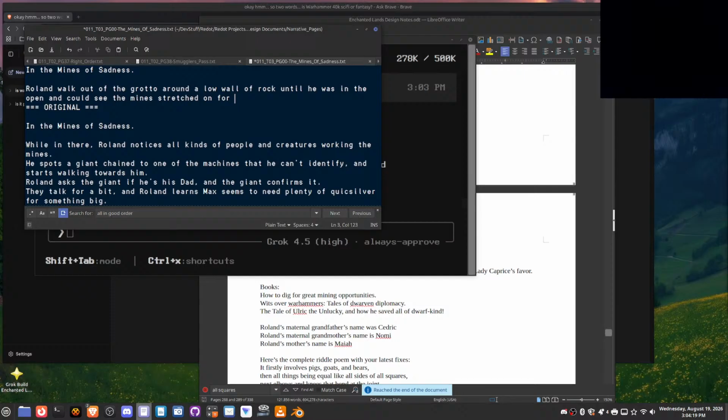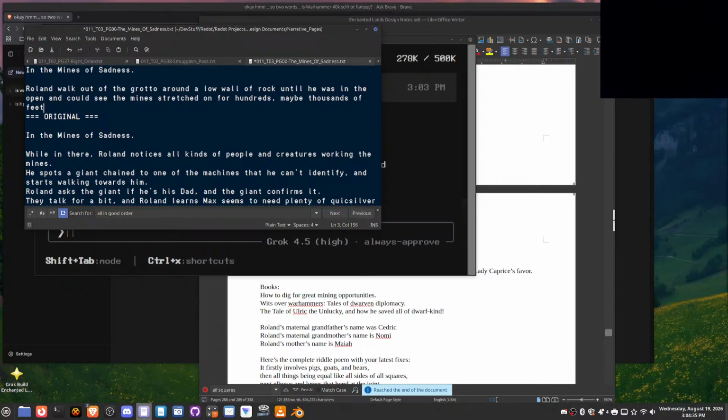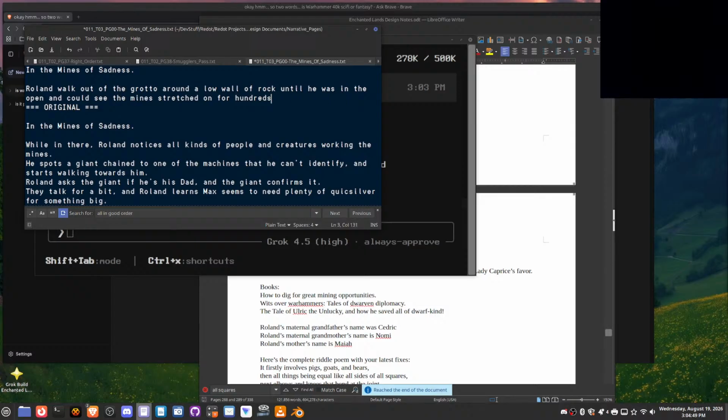It doesn't stretch on for a mile, does it? Thousands of feet. Hundreds, maybe thousands of feet. Half a mile. Hundreds of feet.